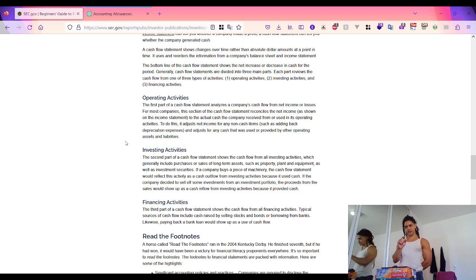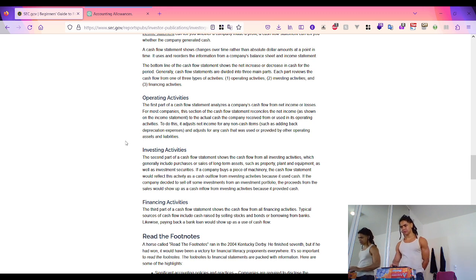And adjust for any cash that was used or provided by other operating assets and liabilities.